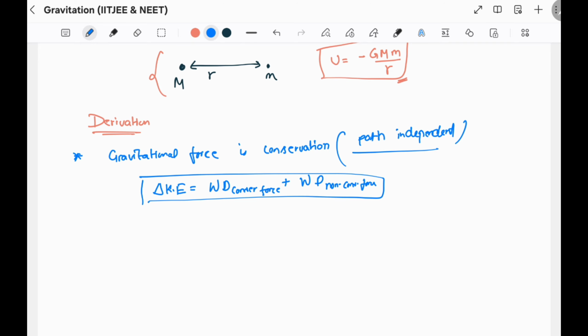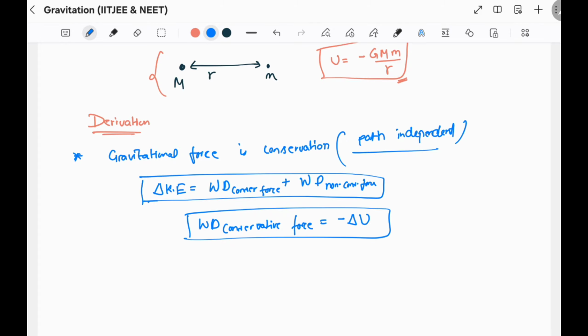And work done by conservative forces is actually minus the change in potential energy. So we will use this. Work done by all the conservative forces will be equal to minus the change in potential energy.